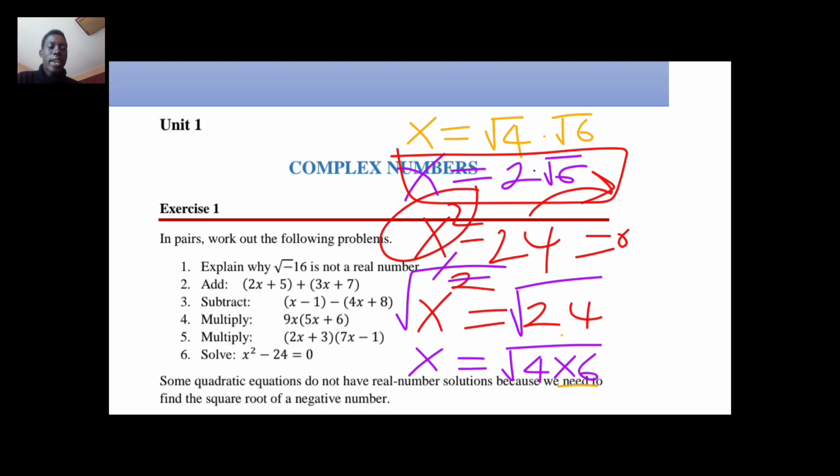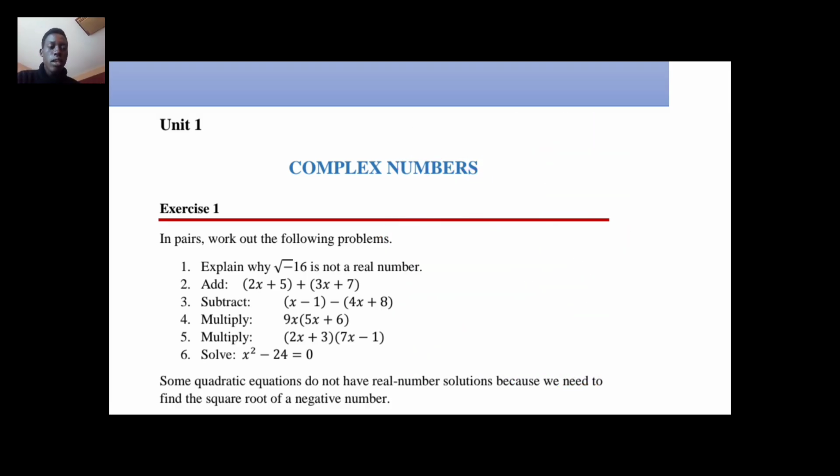All this here is letting you understand how you will operate complex numbers at the end. So make sure you don't forget that a complex number is a sum of a real number and an imaginary number. Number 2, complex numbers are helpful in finding the square root of a negative number.